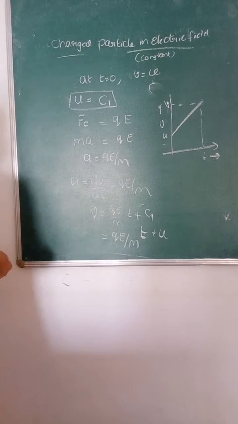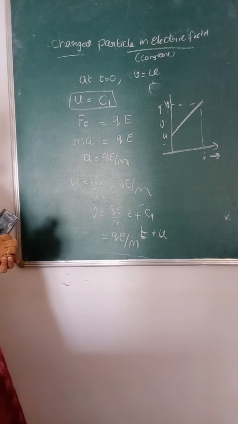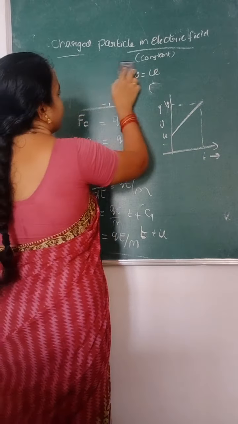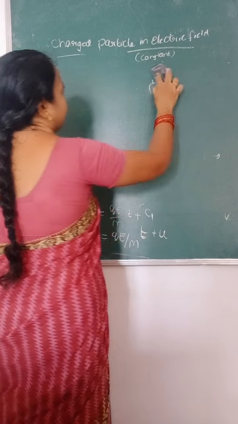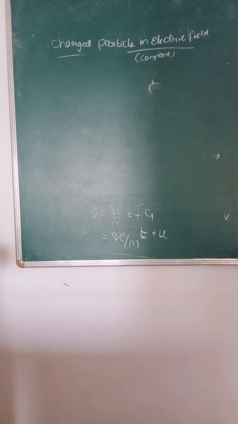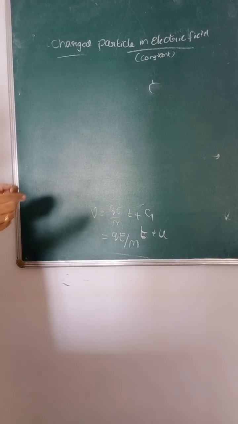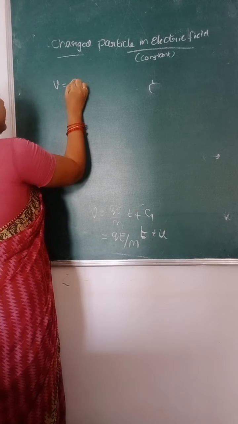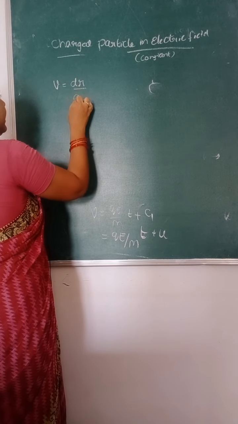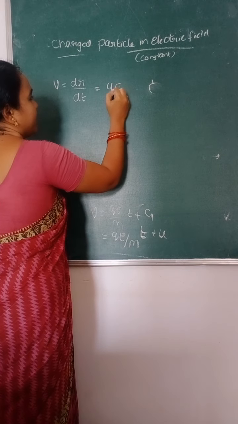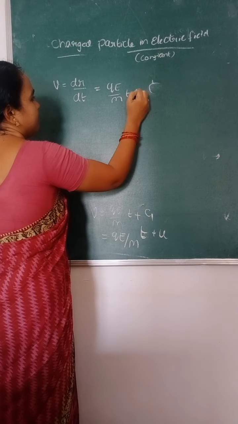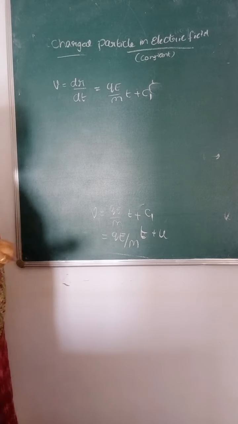Next, what is the velocity of a particle? It is the rate of change of position. Then v is equal to dr by dt, which is given as qE by m into t plus u.